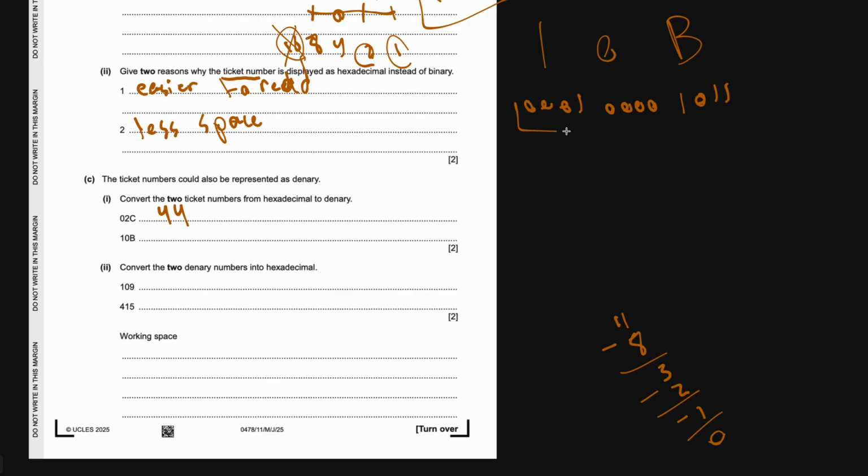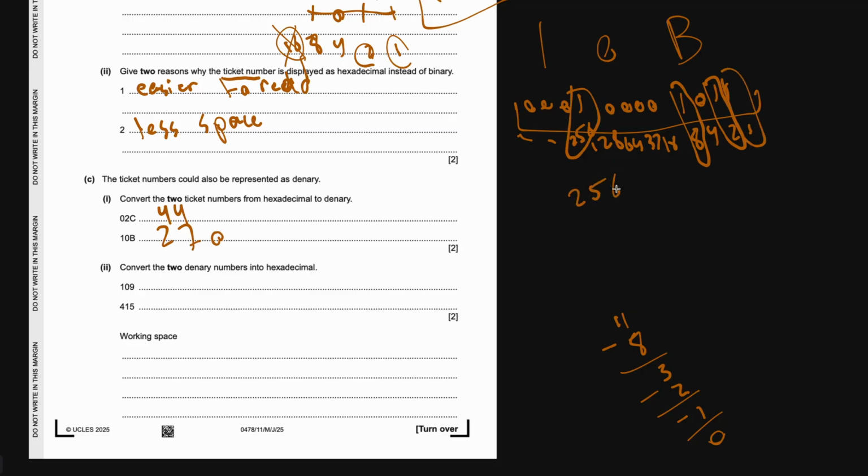What are the values? 1, 2, 4, 8, 16, 32, 64, 128, and this is 256. We don't care about the rest, they're zeros. So we take this 256 and we add it to this 8, and we add this 2, and we add this 1.